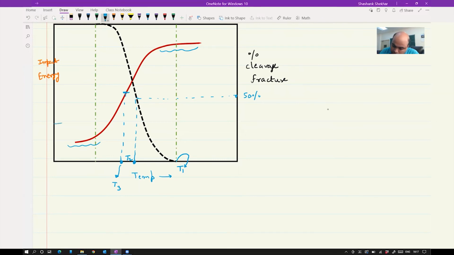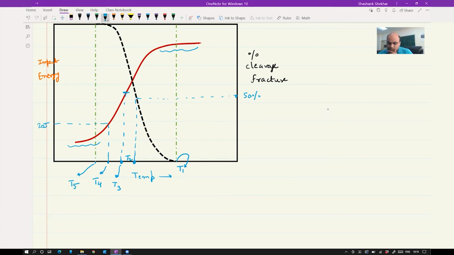One corresponds to 20 joule impact energy. This will be called temperature T4, which is defined as the ductile transition temperature. And the last one is T5, which is called the nil ductility temperature, where the fracture will be predominantly, or say 100%, cleavage, which will correspond to this particular point.